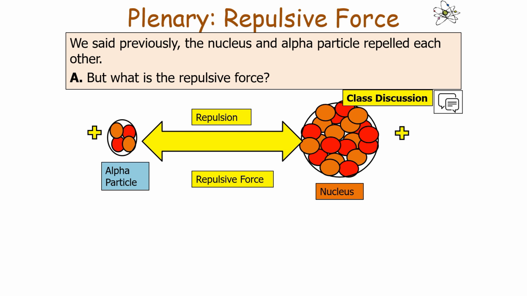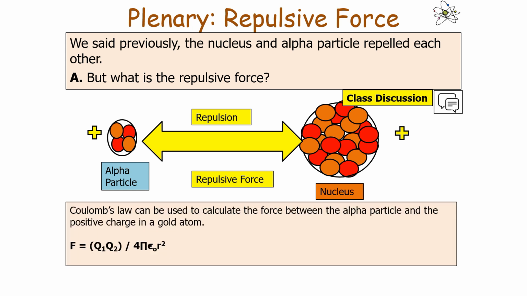Now, like we previously said, the nucleus and the alpha particles repel each other, but what is this repulsive force? Well, this repulsive force is the electrostatic repulsion. It's Coulomb's law, because they've got two positively charged objects, so we can use Coulomb's law to calculate the force between the alpha particle and the positive charge in the gold atom.